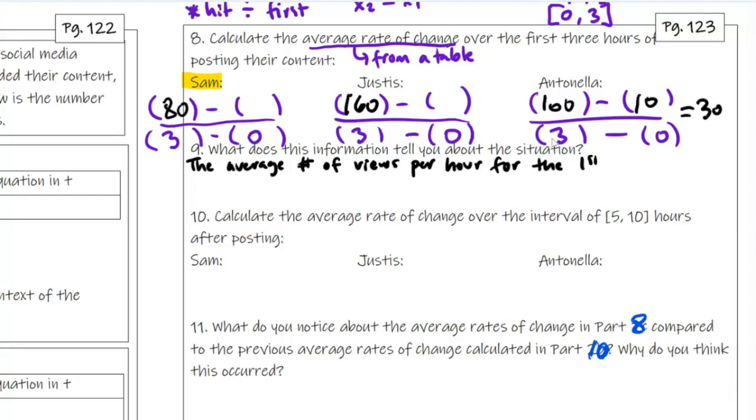Okay, so it's the average number of views per hour for the first 3 hours. So once you get an answer, all right, for each of these, I want you to tell me who has the highest average number of views per hour for the first 3 hours.